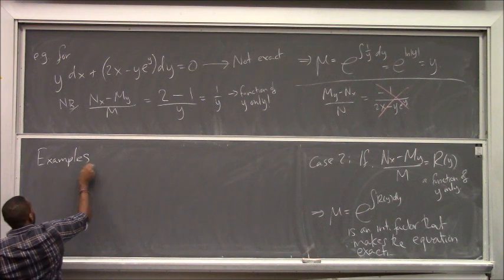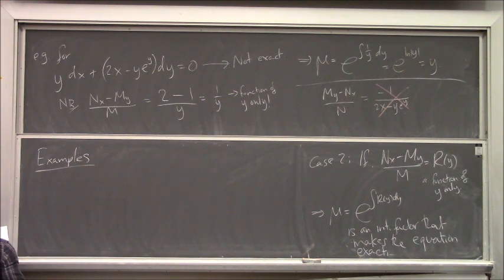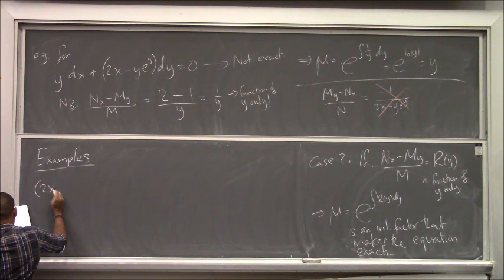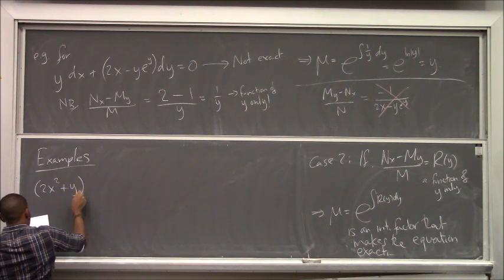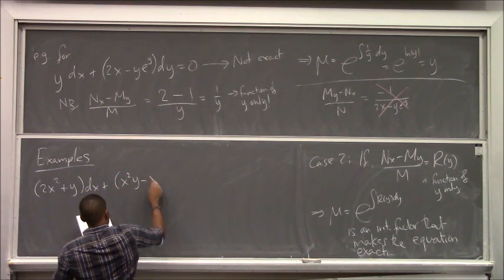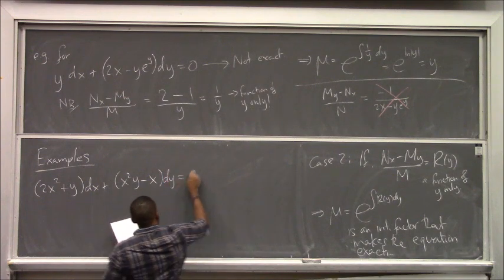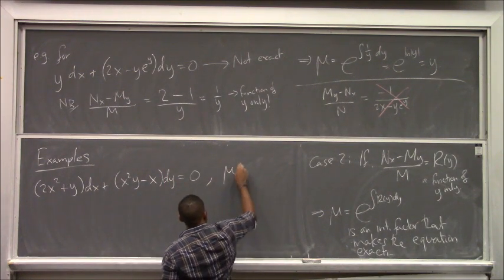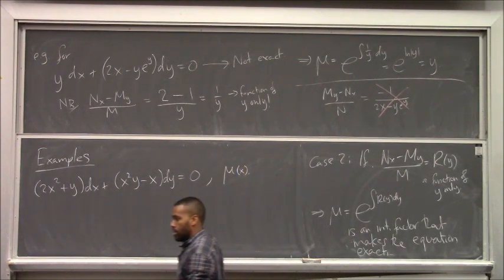Two examples. Try to apply this idea. A: (x squared plus y) dx plus (x squared y minus x) dy. You can check that it's not exact, but I will tell you your mu is a function of x.